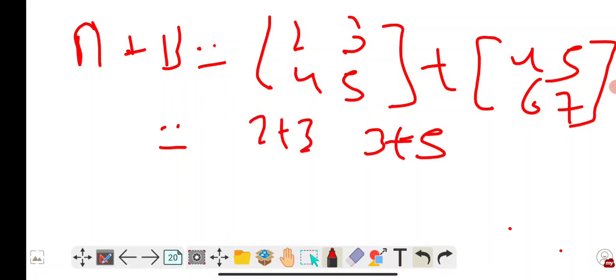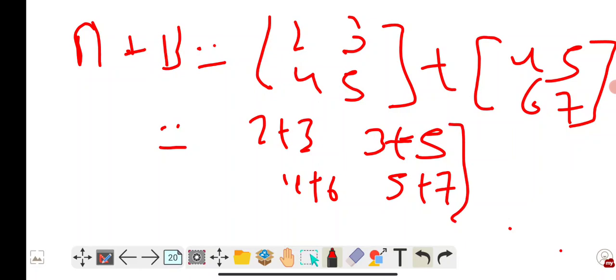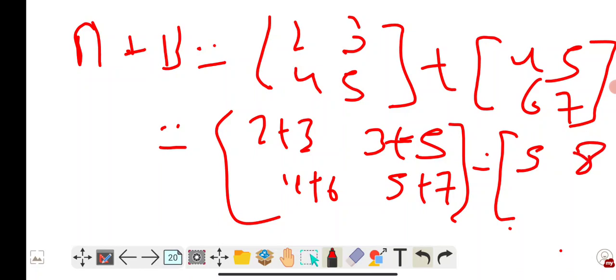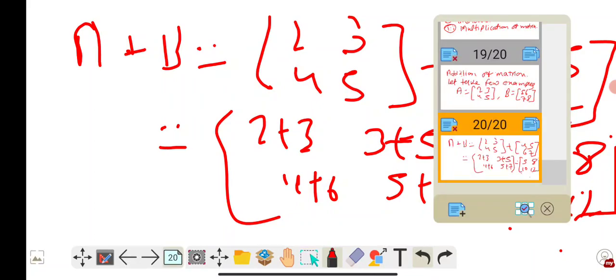We have to add each element with the corresponding element. In this way we can get the addition of matrix, that is 7, 9, 11, 13. In this way we can carry out addition of matrix.